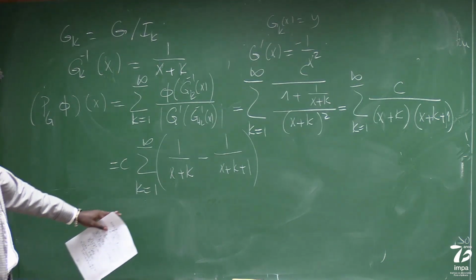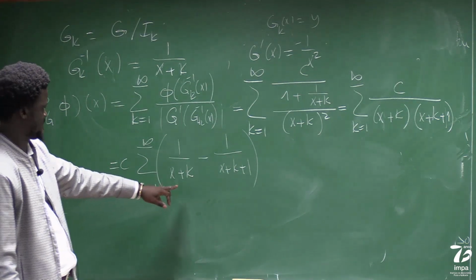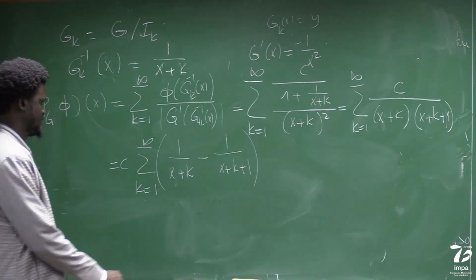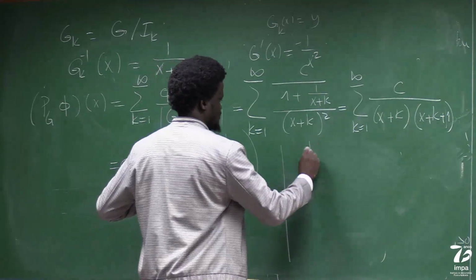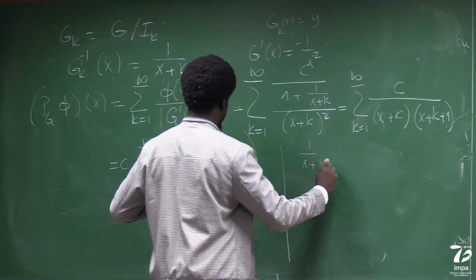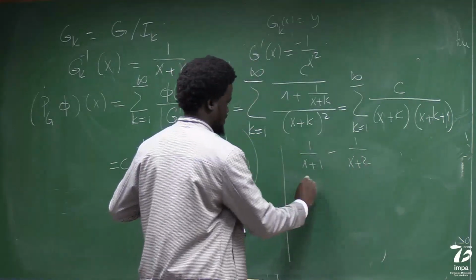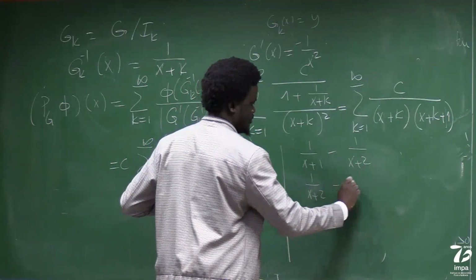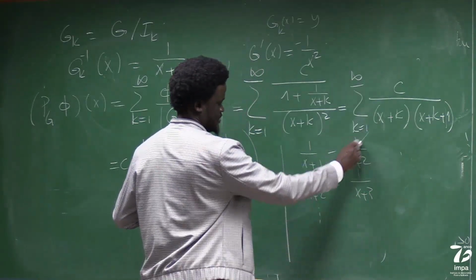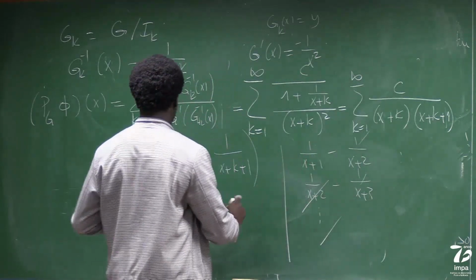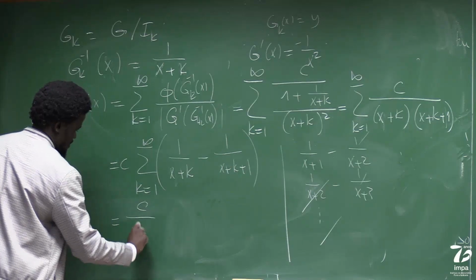And what is this sum? You will see a lot of cancellations, except the first term that is going to stay. For k equals 1, you have 1 over x plus 1 minus 1 over x plus 2, and 1 over x plus 2 minus 1 over x plus 3, and so on. Okay? So you will always see these cancel. What you have left is C over x plus 1.